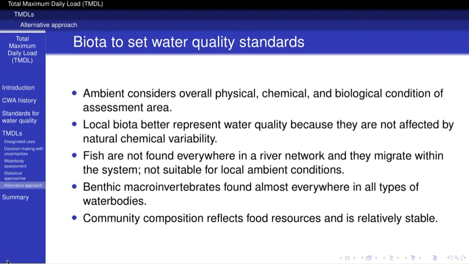While most individual species are present for only one generation per year, the community composition remains relatively stable because their food resources are relatively stable and characteristic of the reach's position within the river continuum.